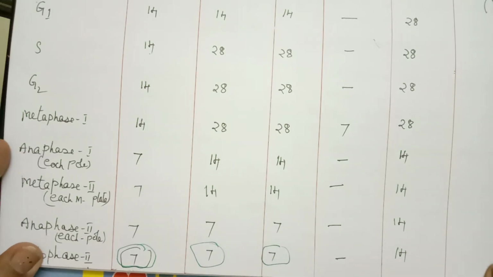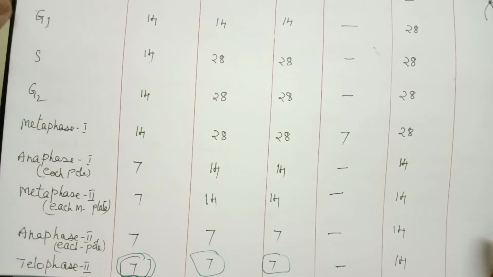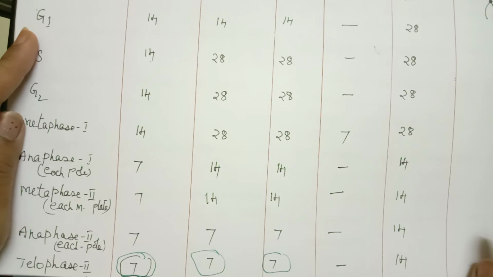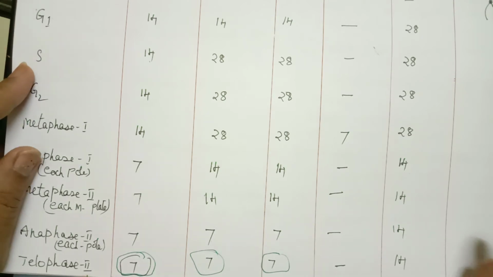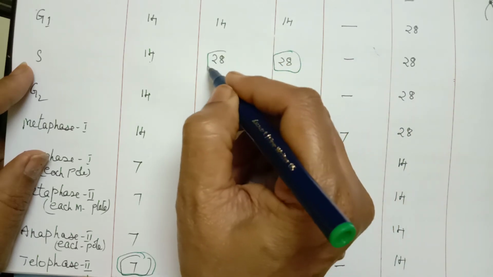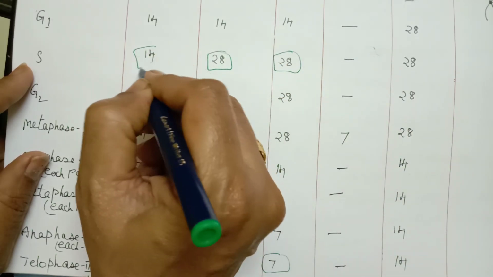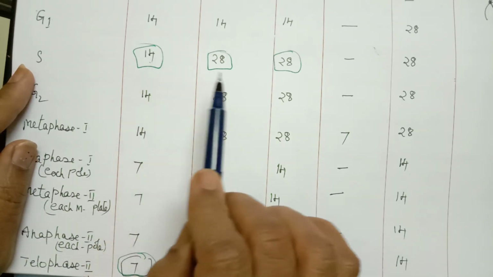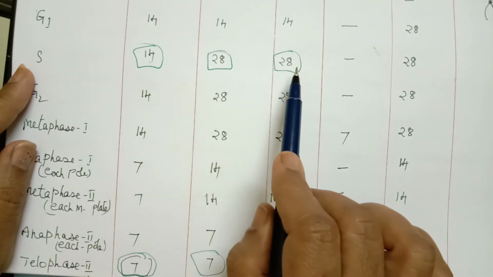Now when the cell enters into meiosis, we start with the G1 phase. In S phase, we find 28 DNA molecules, 28 chromatids and chromosome number 14.